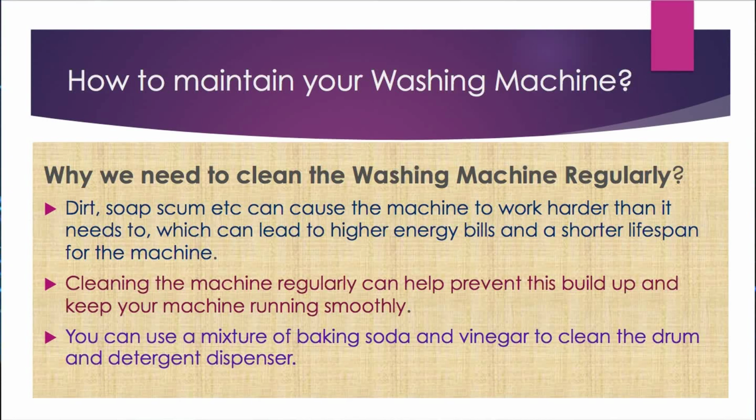Cleaning the machine regularly can help prevent this build up and keep your machine running smoothly for a long time. You can use a mixture of baking soda and vinegar to clean the drum and detergent dispenser.